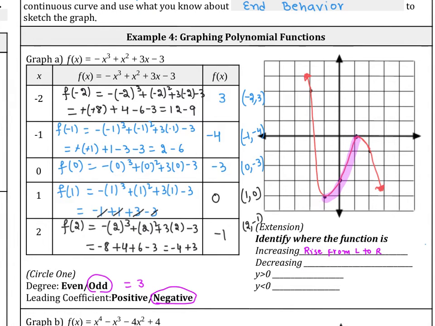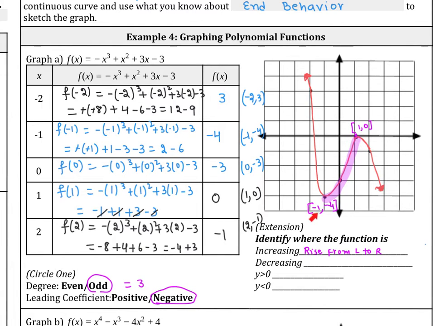We can name the points. The point here is (-1, -4), and the point here is (1, 0). Within the graph, you will see some curves. In this one, the curve that is rising is this curve.